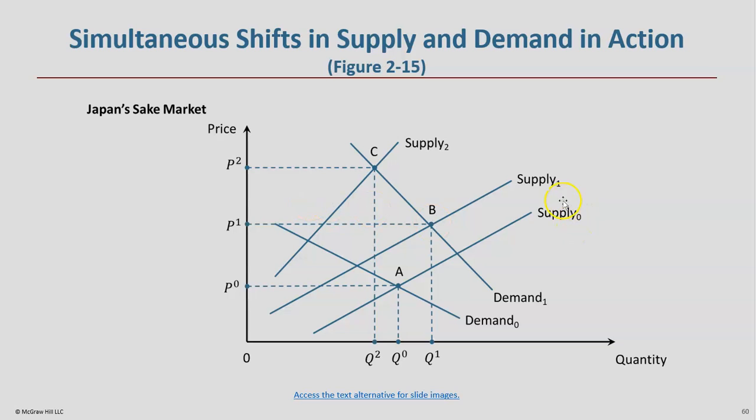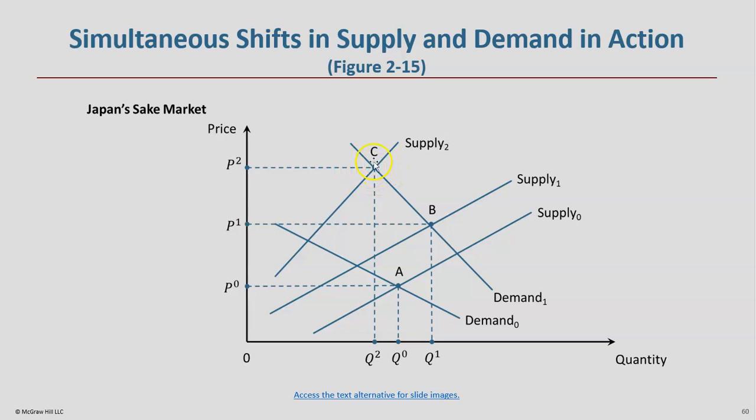If the supply shock is small, we would move to equilibrium B, where the new demand curve and the new supply curve intersect, and at that new equilibrium quantity increases. But if the supply shift is large, then we move to the equilibrium where demand 1 and supply 2 intersect.